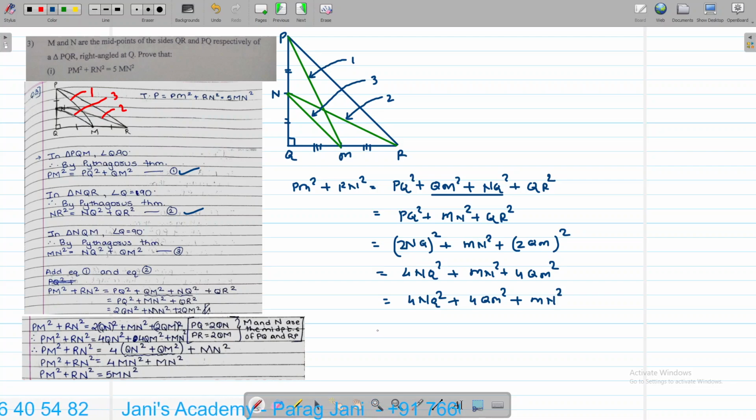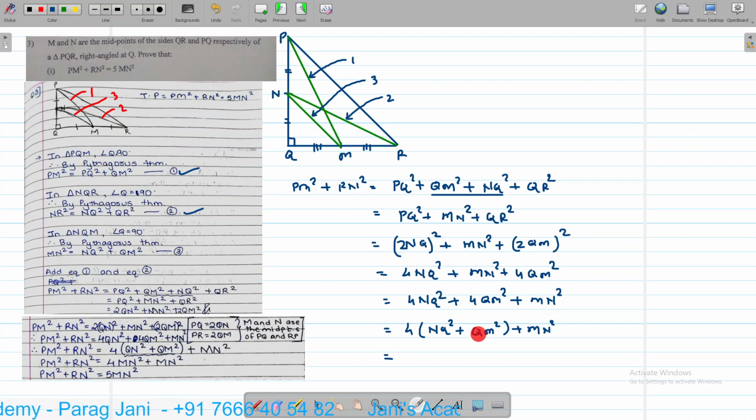Here you have to take 4 common: NQ square plus QM square, plus MN square. If you see here again, NQ square plus QM square is basically MN square.